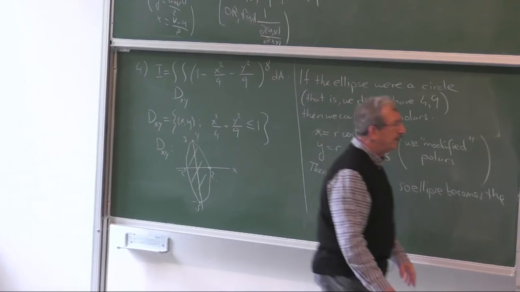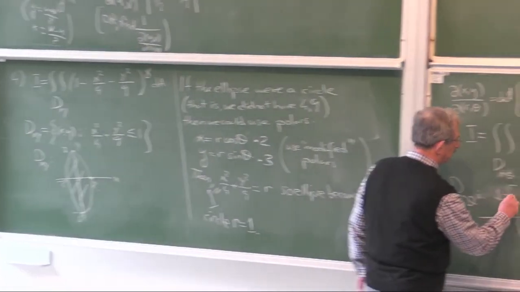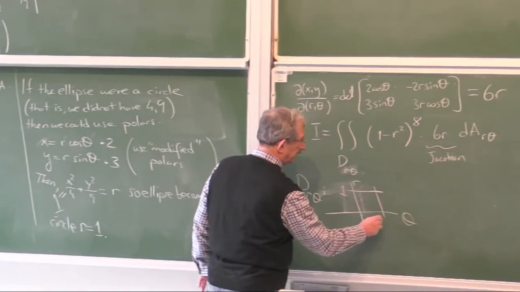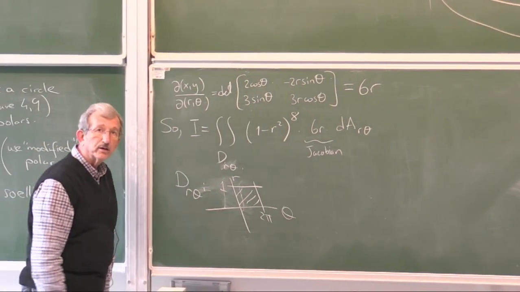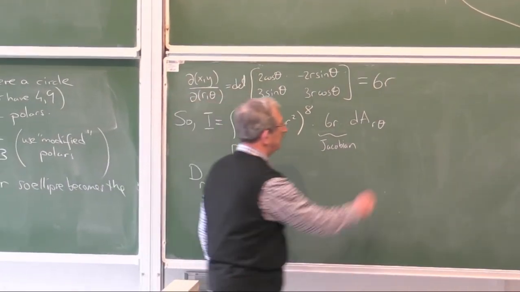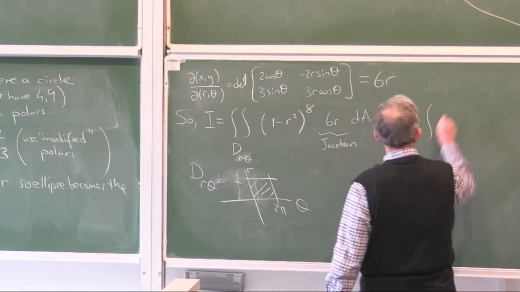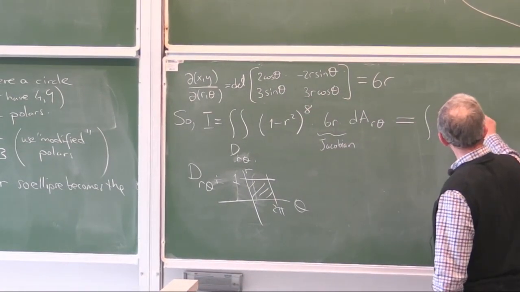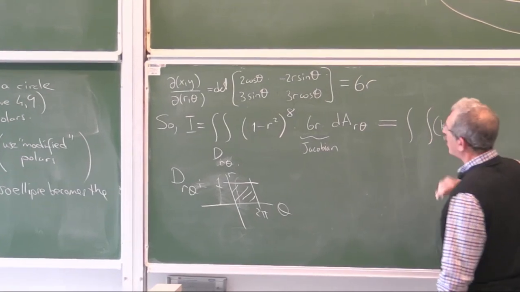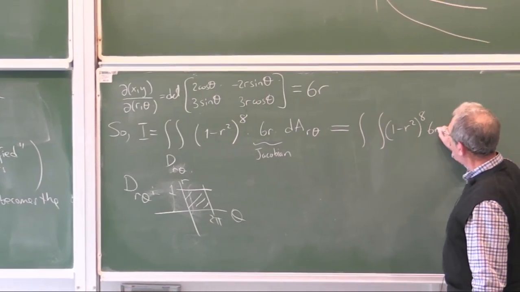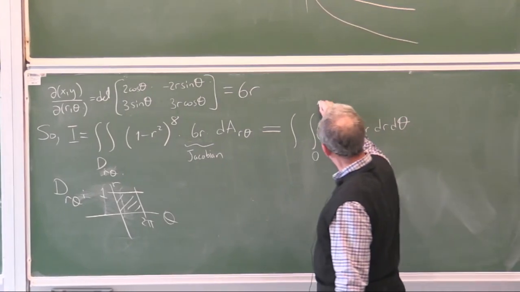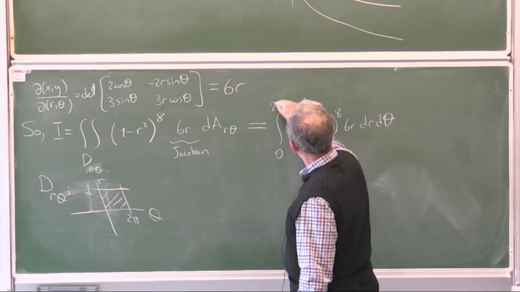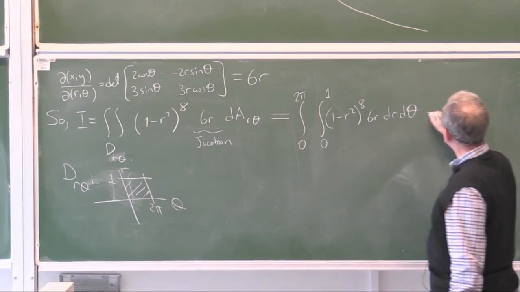So r goes from 0 to 1 and theta from 0 to 2 pi. It's actually a circle in the r theta plane. So this becomes the integral of 1 minus r squared to the 8th power times 6r dr d theta, r from 0 to 1, theta from 0 to 2 pi, which is very simple to evaluate.